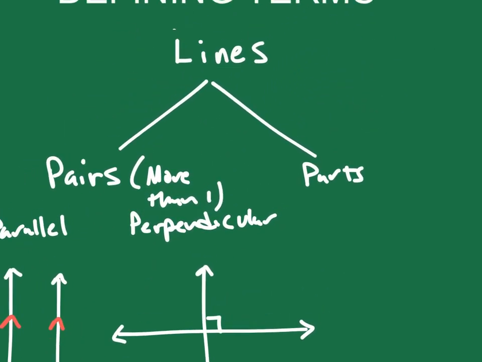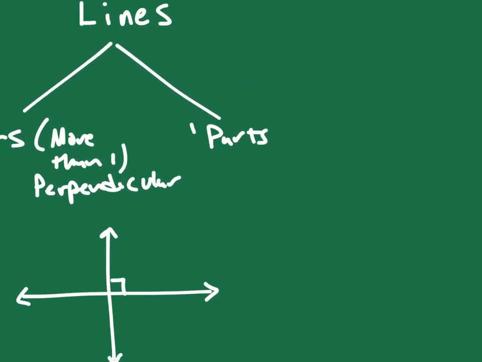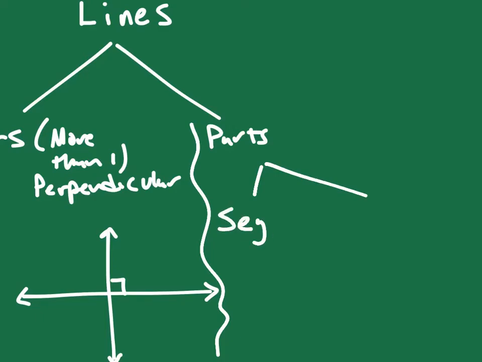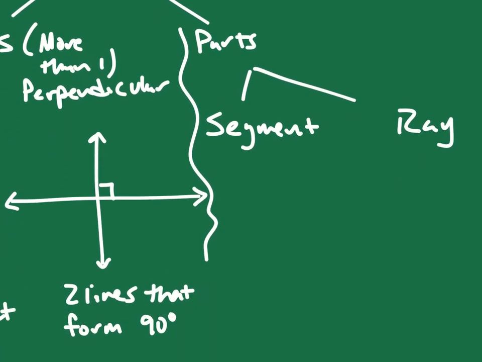Now we can also look at lines and look at their parts. If we divide parts into two different things, we're going to have what's called a segment, and what's called a ray. A segment is a line with two endpoints. So let's draw a picture.